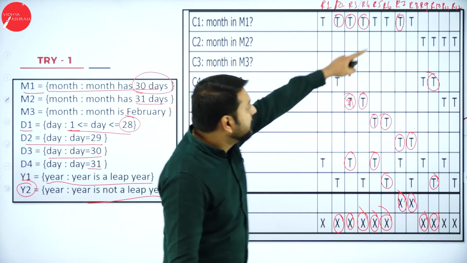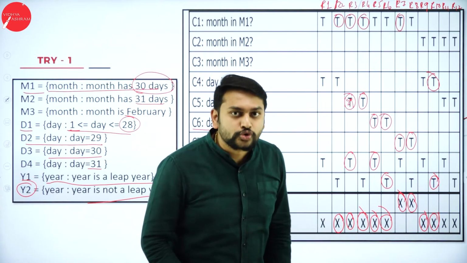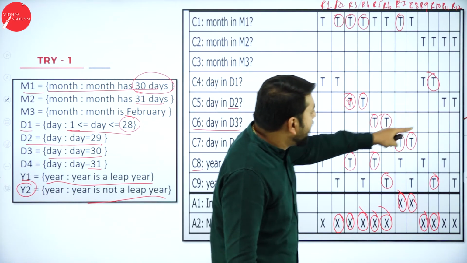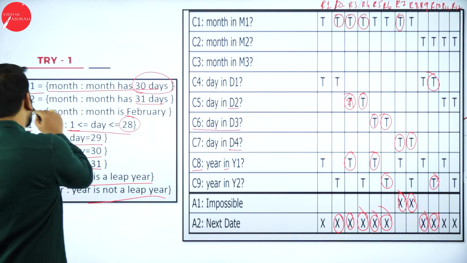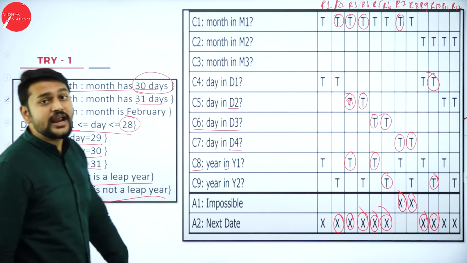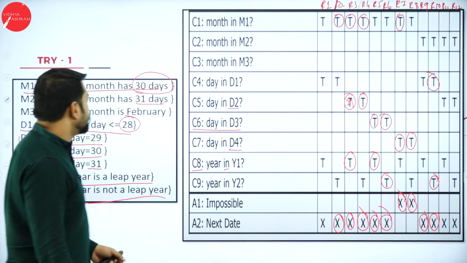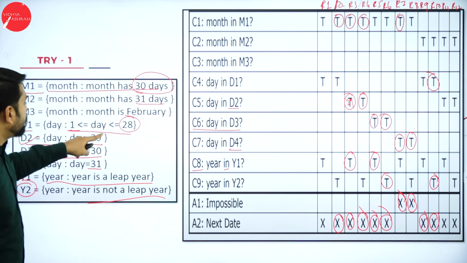So fine. When it comes to R11, again, I'm considering the month 2. So what is the number of days? 31 days you have. So fine. What is the next one that I have? C5, D2. So when it comes to D2, please understand 29 days. What is the number of days? 29 days. So I have taken M2 and 29 days.